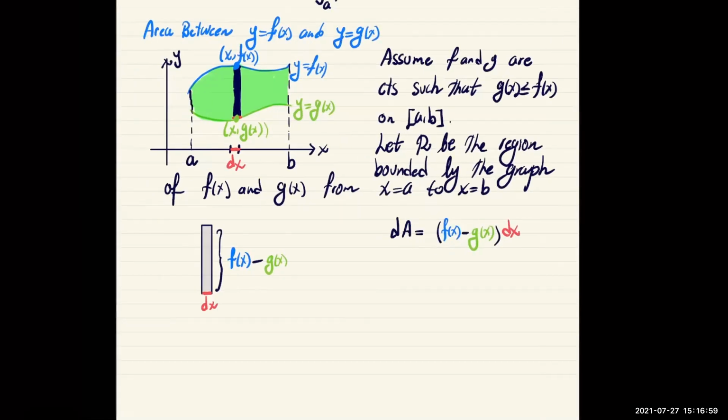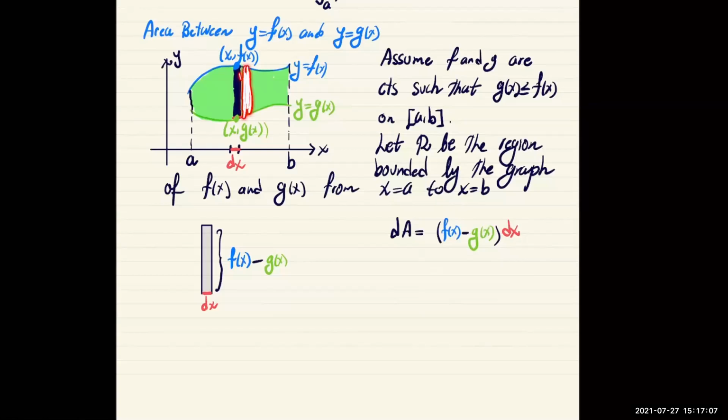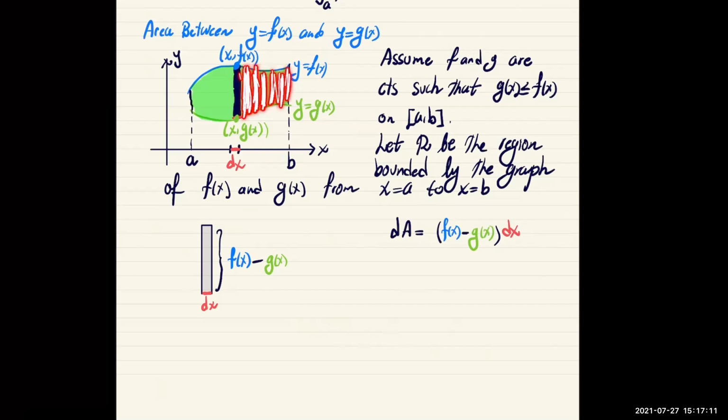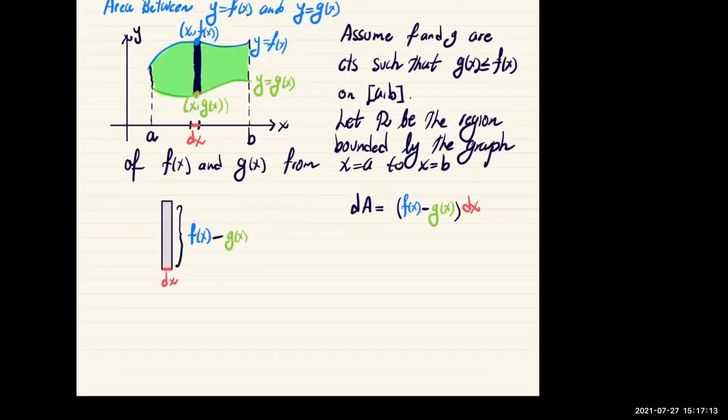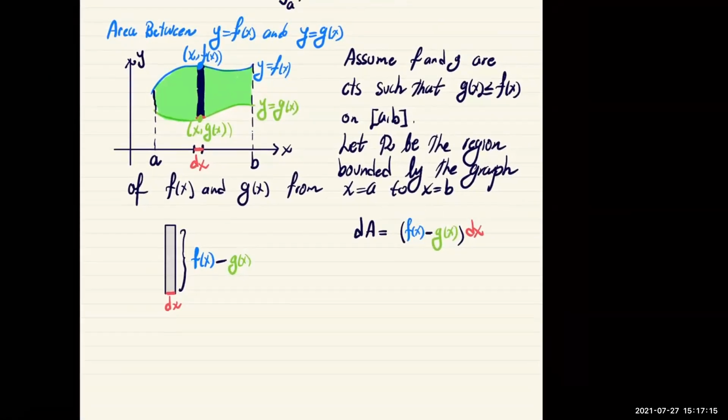And then we're going to sum up the area of all rectangular strips. There are infinitely many of them that partition the region like that. You want to add them up. That's the same as taking the definite integral.